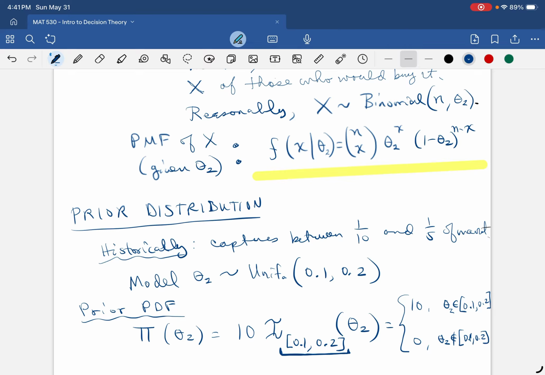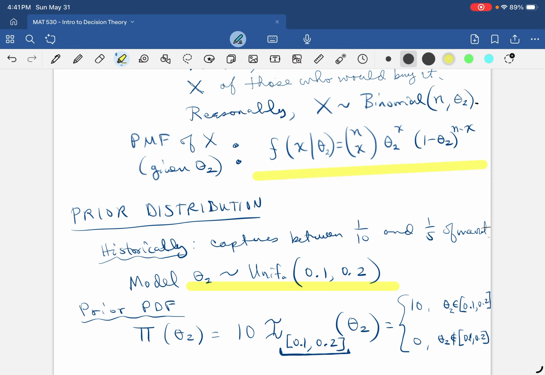So a simple yet valid way to model this would be what you see here. Let's model theta 2 as a uniform value between 0.1 and 0.2.